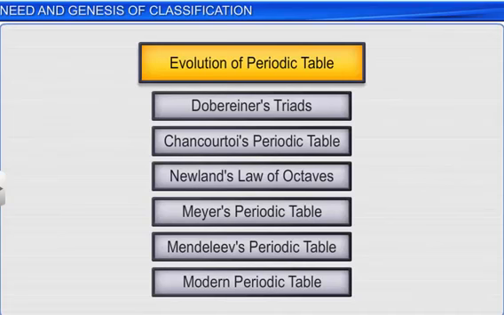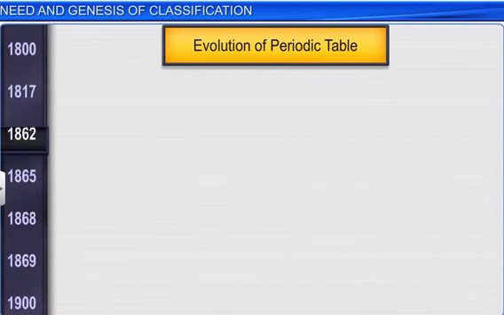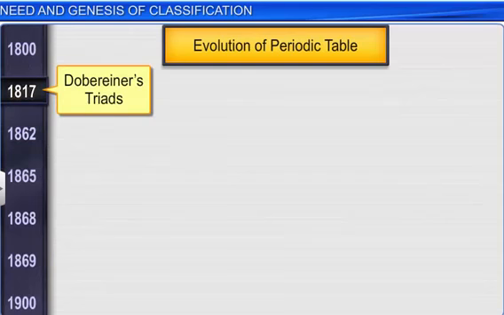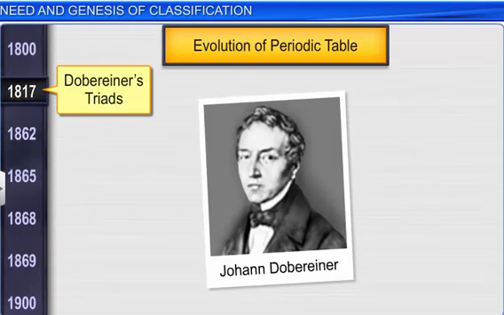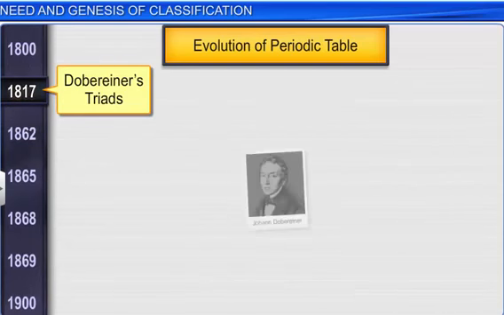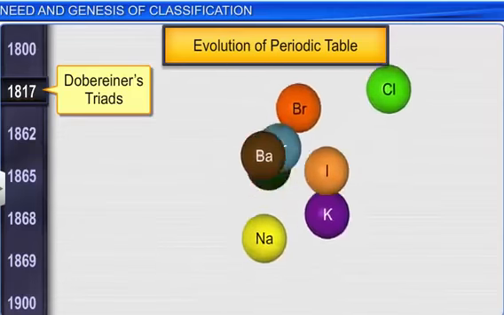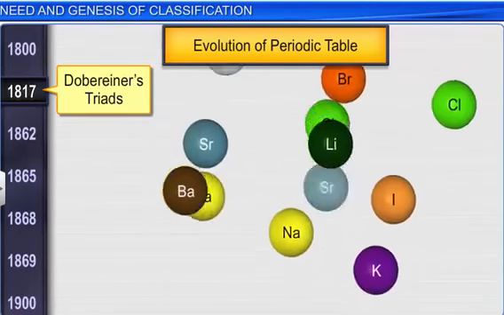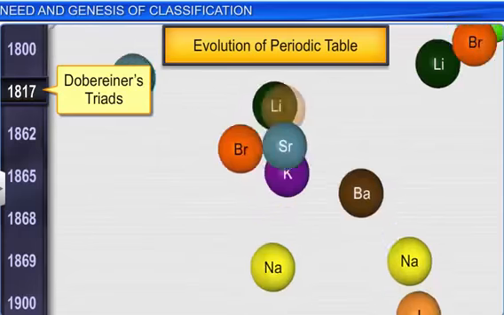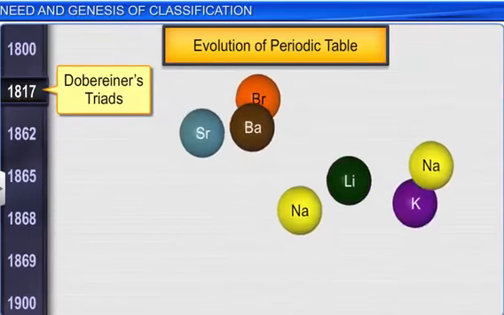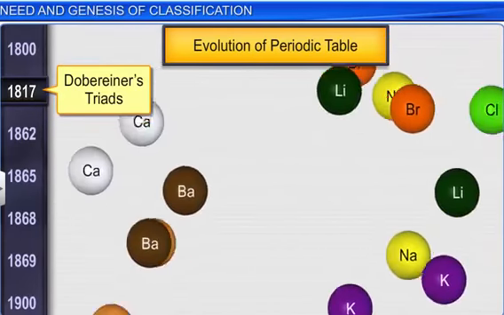For example, in 1817, German scientist Johann Dobereiner noticed similarities in the physical and chemical properties of elements and observed that these elements formed groups of three. He called these groups triads.